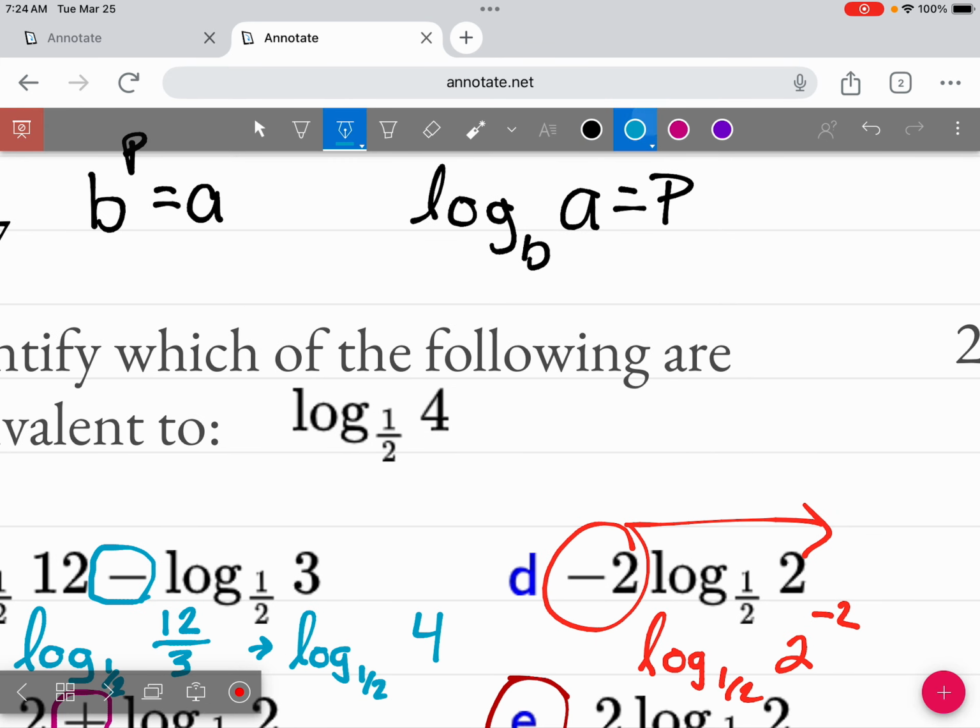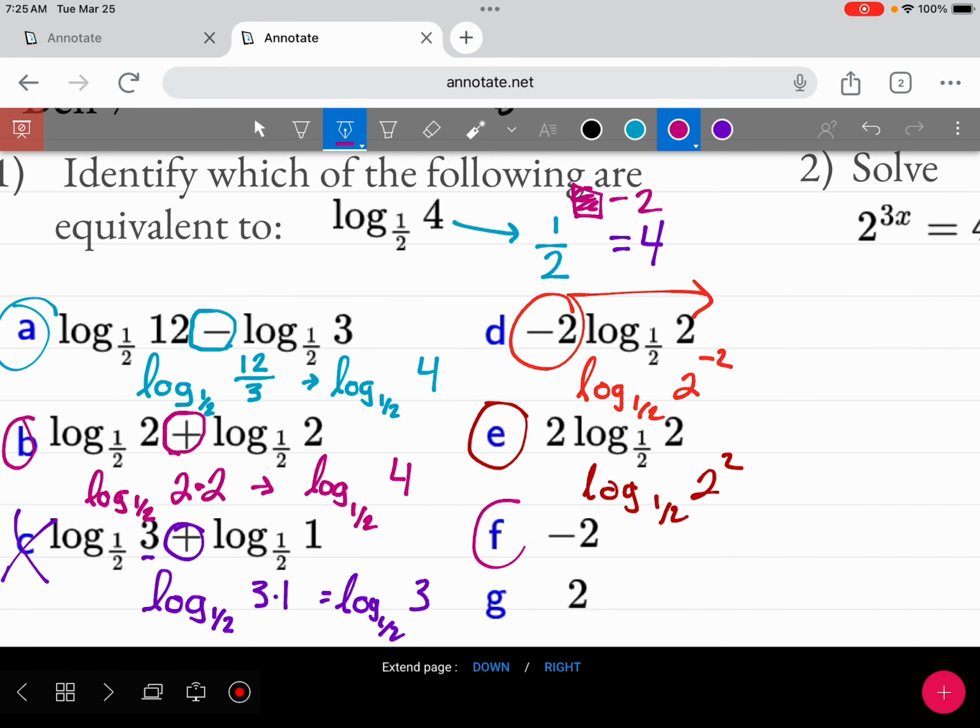So what this is telling us is our base of 1/2 to some power needs to equal 4. And in order to get it to flip, we need it to be negative. And in order for the 2 to turn to a 4, we need it to be squared. So 1/2 to the -2 gives us that positive 4. So our options on here were A, B, E, and F. Okay.